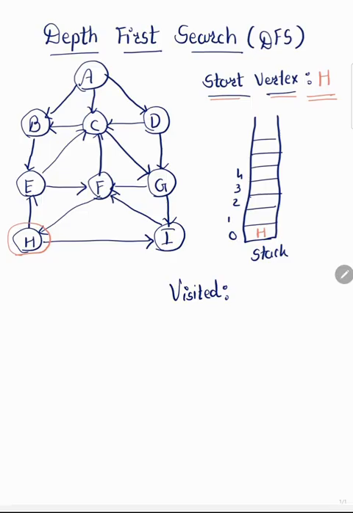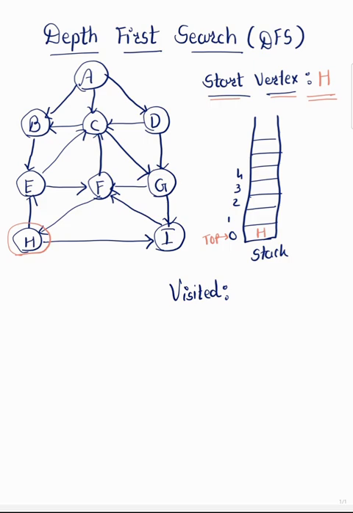Next you need to pop that top element. As of now I'm having only this one on top. So this is my first step, that I push the starting vertex to my stack. Next, the steps I'm going to do will be repeated until all the vertices are visited.